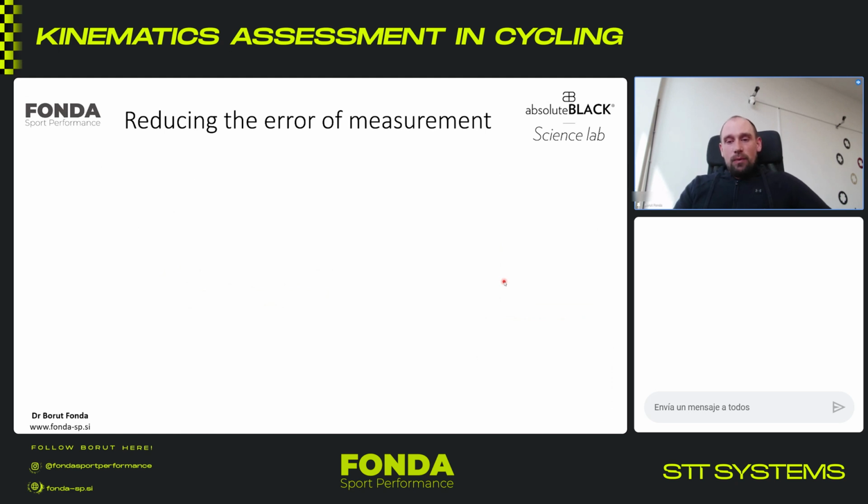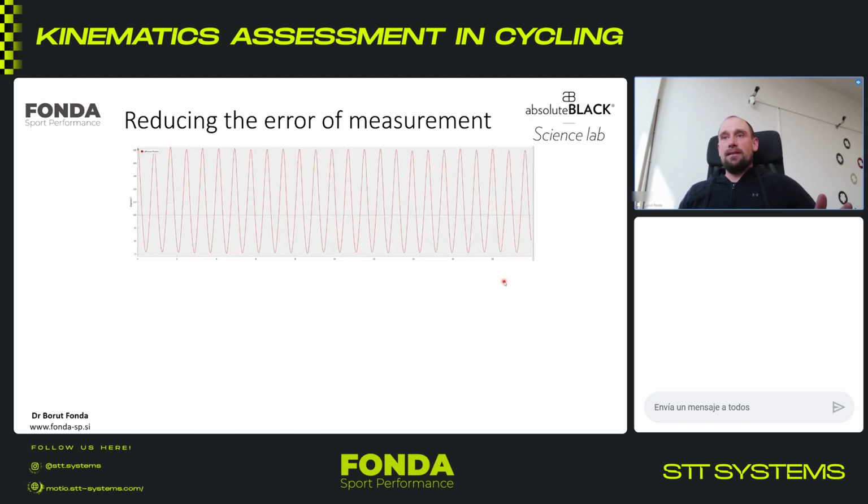So there's another way which is also very convenient, well, not convenient, it's actually important that you do it, which is basically to average your measurement. So when you, for example, record 30 seconds of your knee angle, I'm going to use this example now in the future, you get something like that.